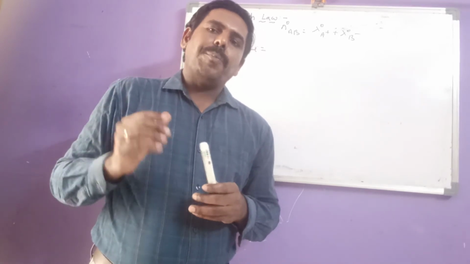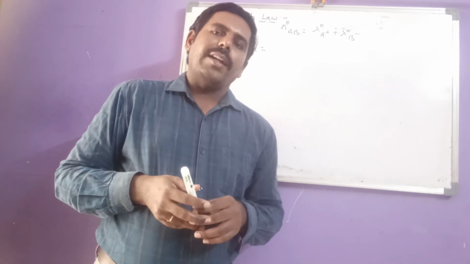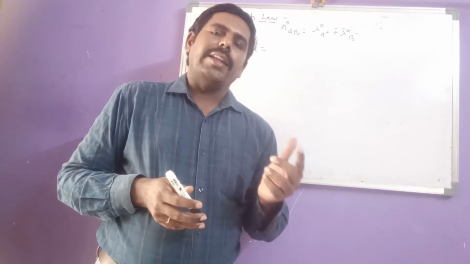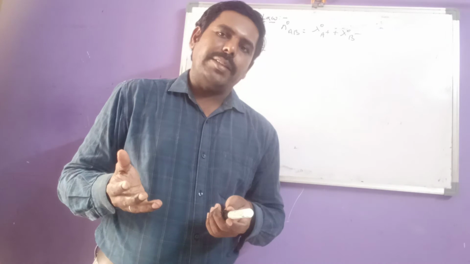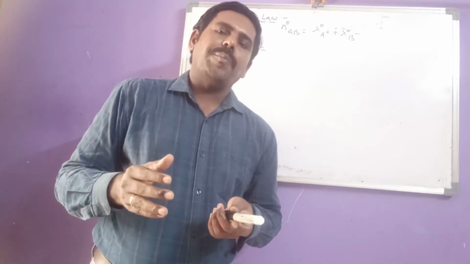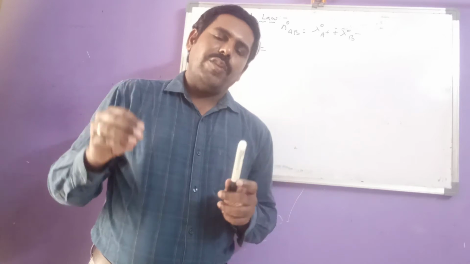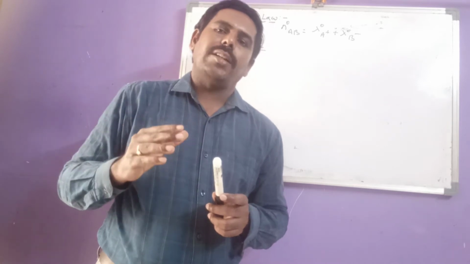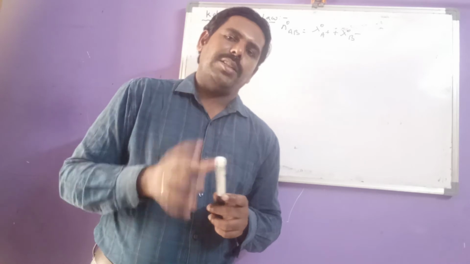It is not possible to determine equivalent conductance of a weak electrolyte at infinite dilution by experimental method or by using the extrapolating method. It is not possible. So that's why, to determine equivalent conductance of an electrolyte at infinite dilution, a wonderful formula was given by Kohlrausch.